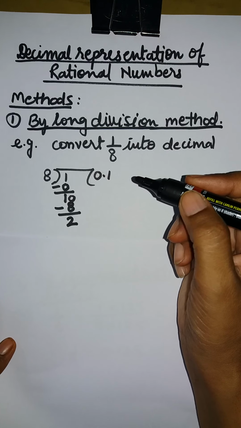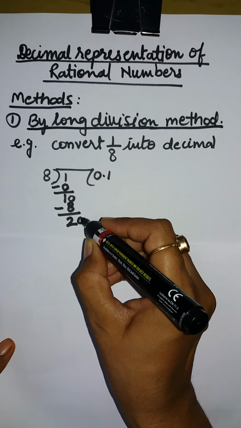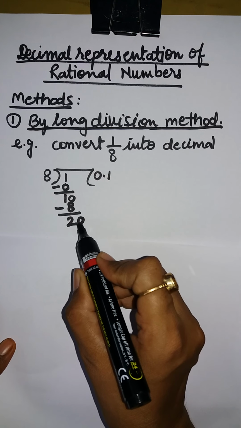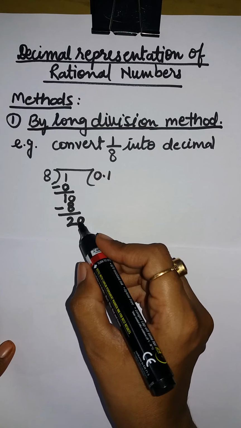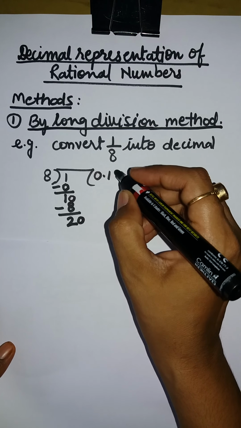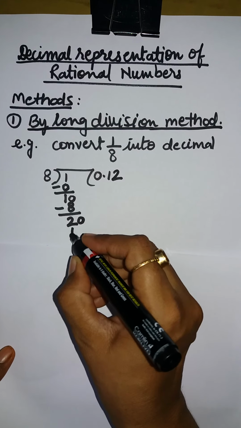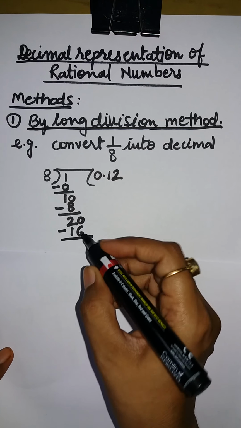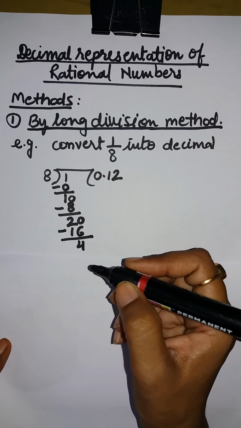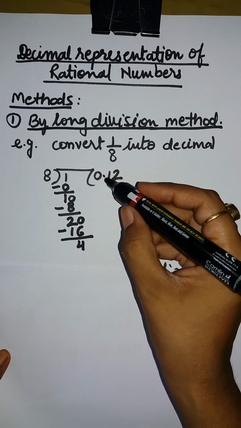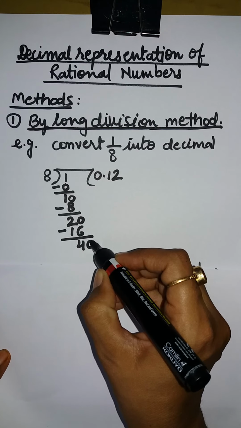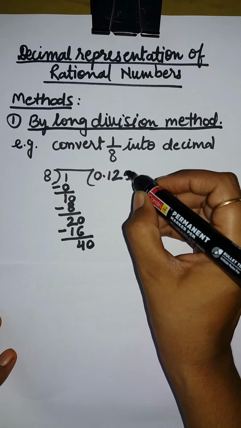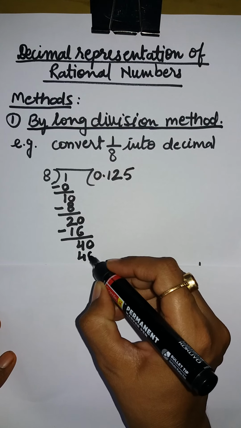As the decimal is already there, we are allowed to take one more 0, so it becomes 20. And now 8 times 2 gives 16, which is less than 20. We subtract 16 from 20, we get 4. Now, as the decimal is already there, we take one more 0 next to 4, it becomes 40, and 8 times 5 is 40.